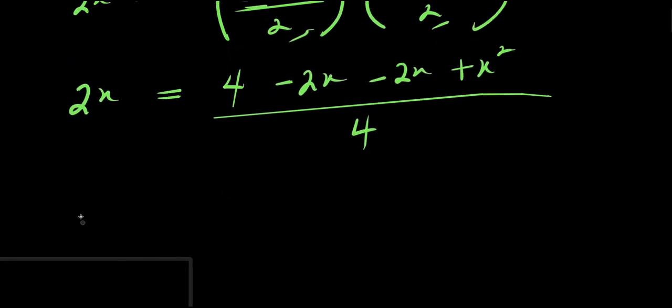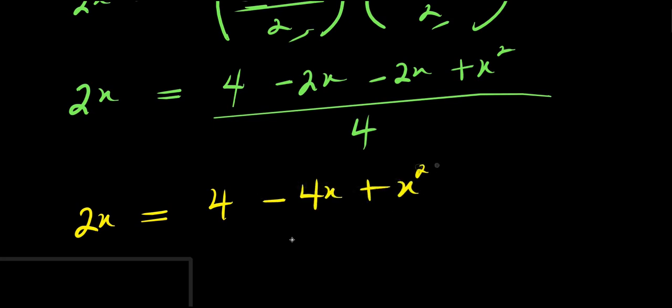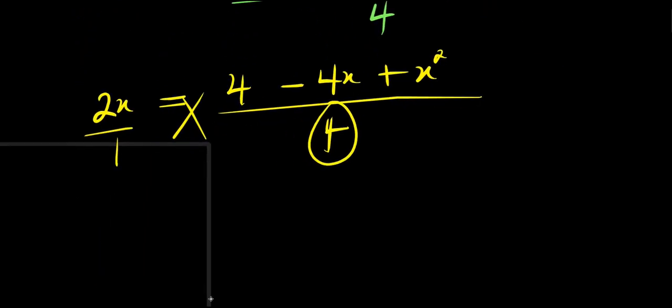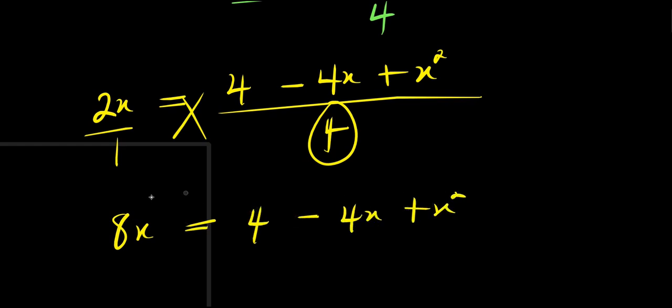So from here, I have 2x equals 4 minus 4x plus x squared divided by 4. This is over 1. I cross multiply: 4 multiply 2x. This will be 8x equals 4 minus 4x plus x squared.